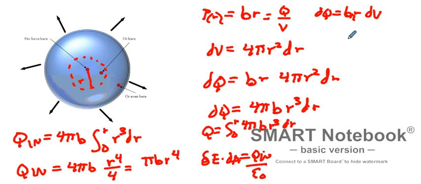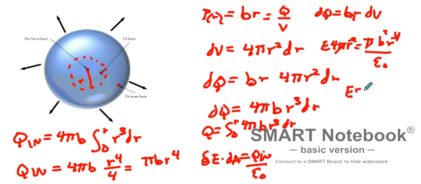I've got E times 4 pi r squared is equal to pi b r to the 4th divided by epsilon naught. And of course, we're going to simplify our r's. This will go down to r squared. So electric field then, and we also have our pi's that can cross off, is then going to equal b times r squared over 4 epsilon naught.